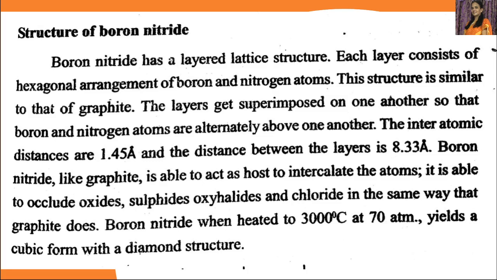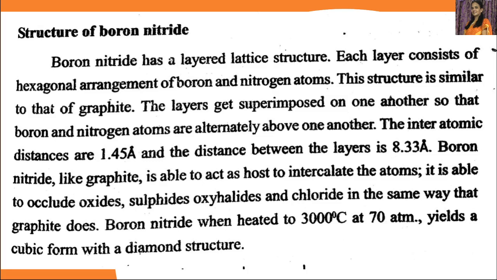The interatomic distance is 1.45 angstrom units, and the distance between the layers is 3.33 angstrom units. Boron nitride, like graphite, is able to act as host to intercalate atoms, and it is able to occlude oxides, sulfides, oxyhalides and chlorides.